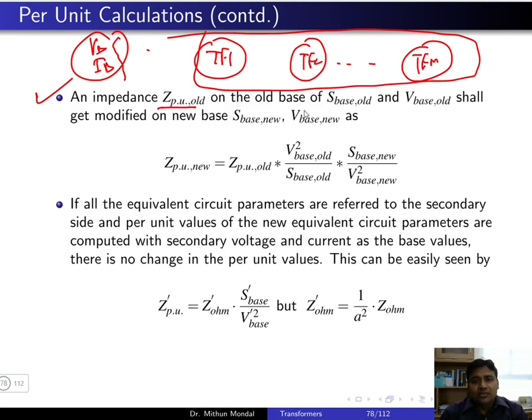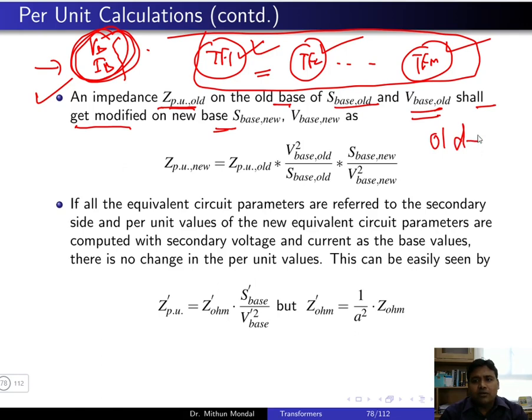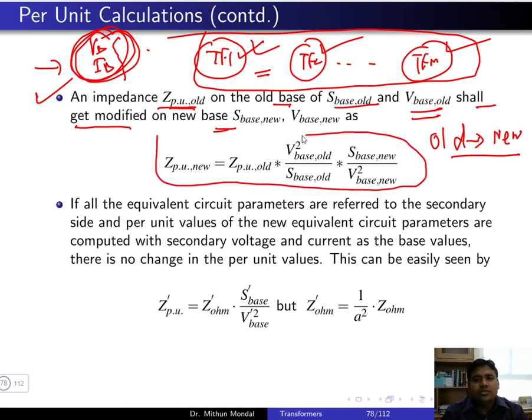Then in that case, the base value which was calculated earlier for a particular transformer, TF1, TF2 and TFN, will now be changed with respect to the common base that has been calculated for the entire system. So the impedance Z per unit old on the old base of S base old and voltage base old shall be modified on the new base. So the old system will be converted to the new system. So old system and new system will be related on the basis of this relationship.